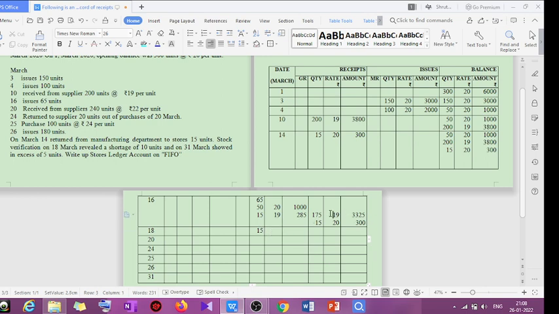What is the rate here? 19. So 15 into 19 will be 285. So from the first lot only, from 175 deduct 15. How much will it be?